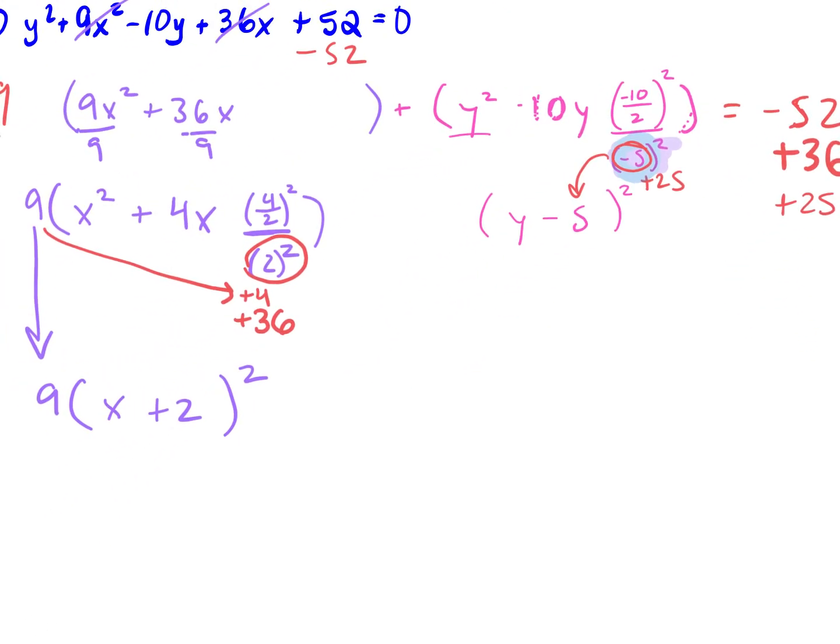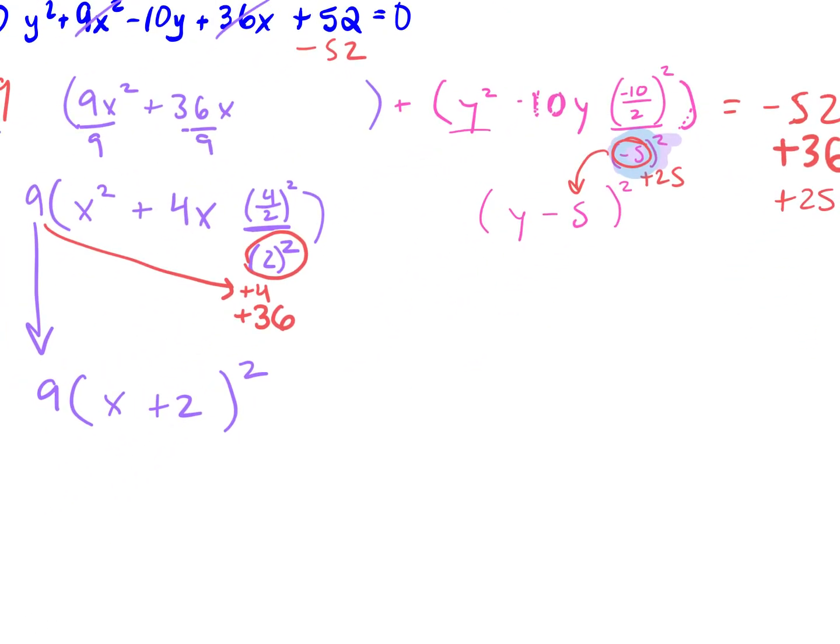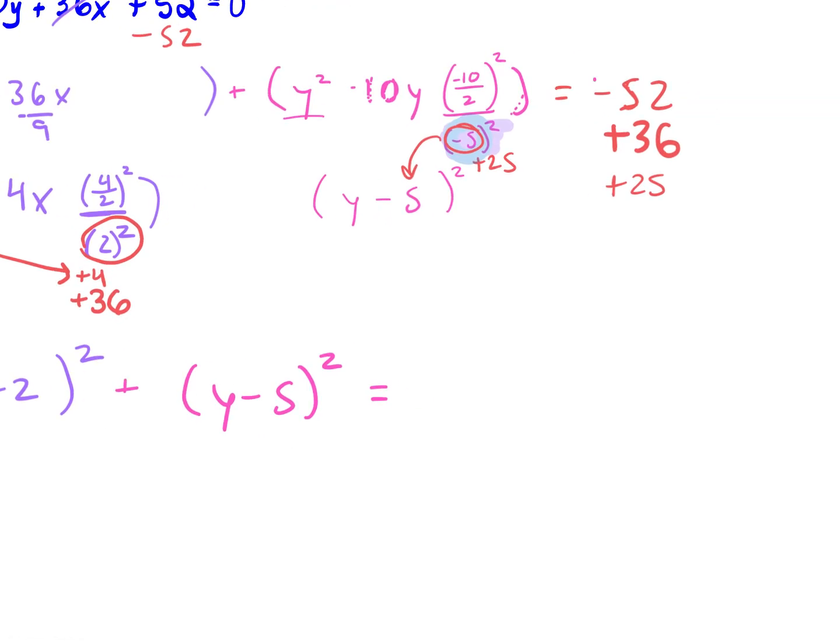So we have plus y minus 5 squared, and that's equal to, got to add all of these together, -52 plus 36 plus 25. So 36 plus 25 would be 51. So this is -1.